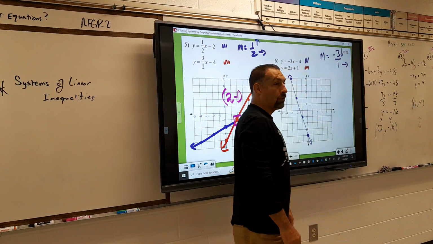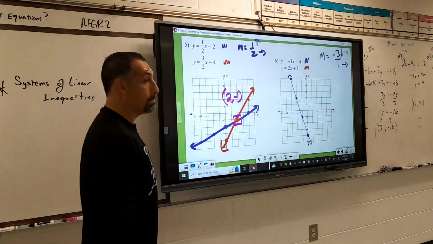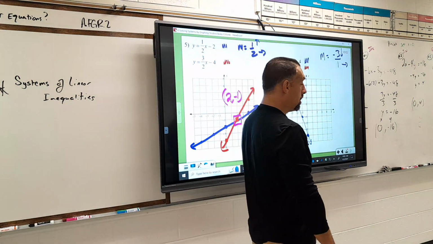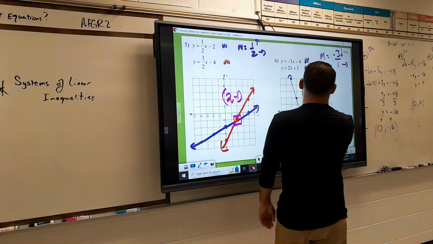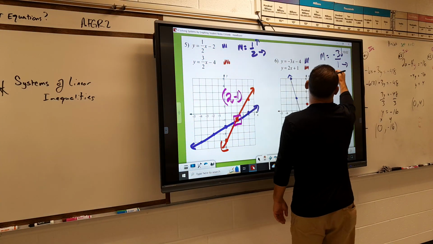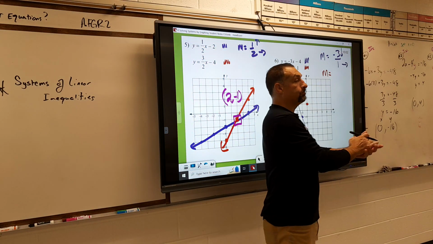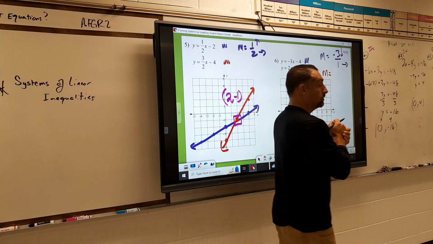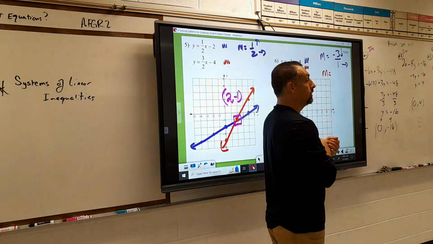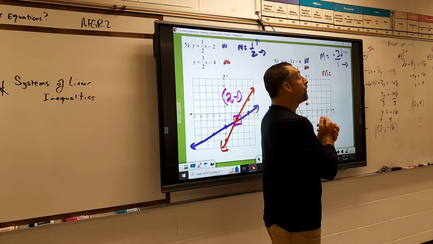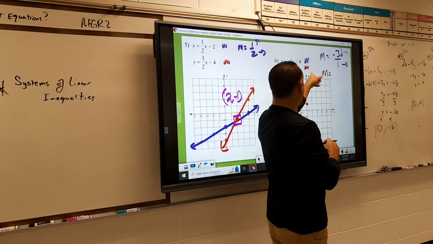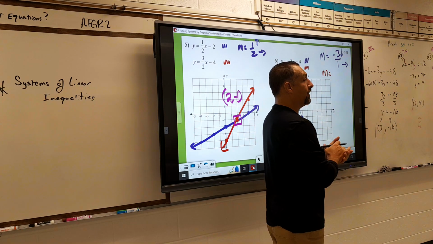Where do I start on the red one? Evan? The red one. You start at the y-intercept of 1. Correct. What is the slope? Davis, what's the slope number here? The number in front of the x. On the red one, the number to the left of the x.